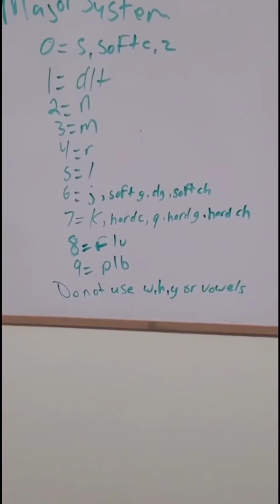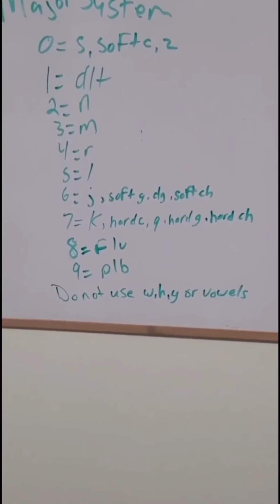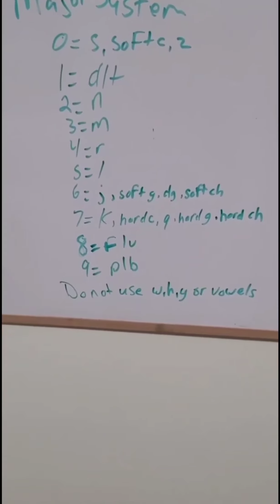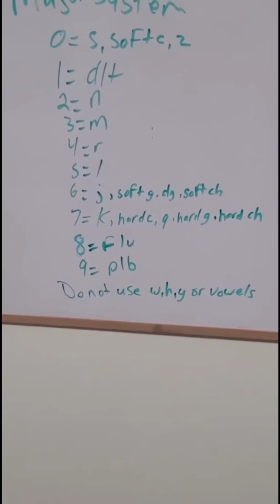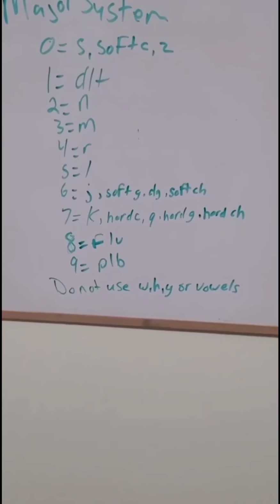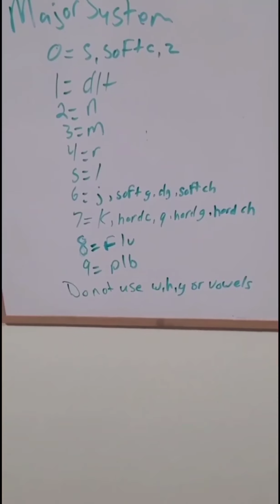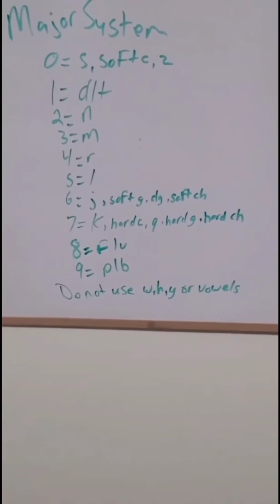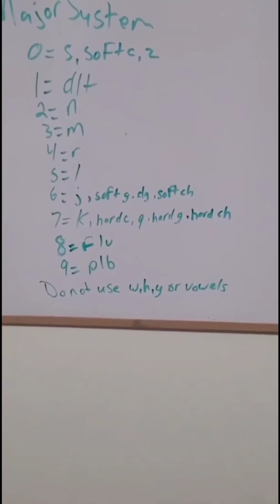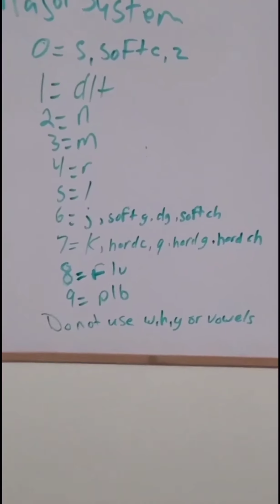For 8, we have an F sound or a V. Sometimes this can be tricky: if you say the word cough, the GH at the end is actually an F sound. 9 is P or B, and it's easy to remember because if you flip a P or B, it kind of looks like a 9. We don't use W, H, or vowels, and I'd include Y with the vowels.